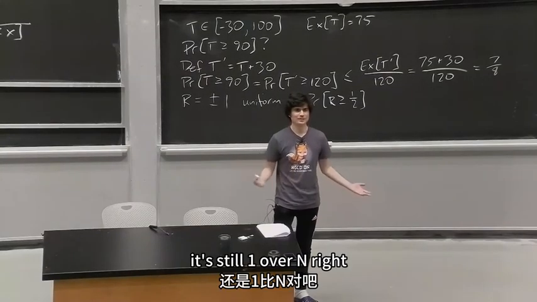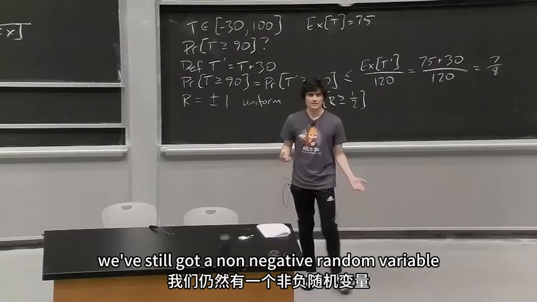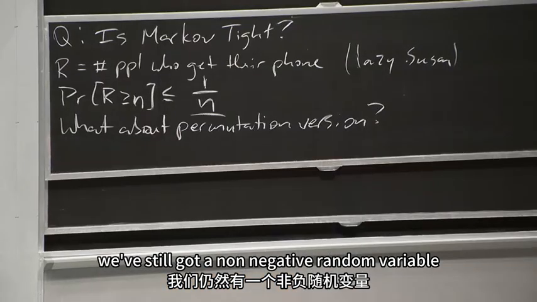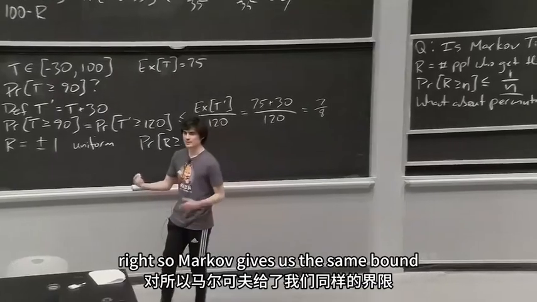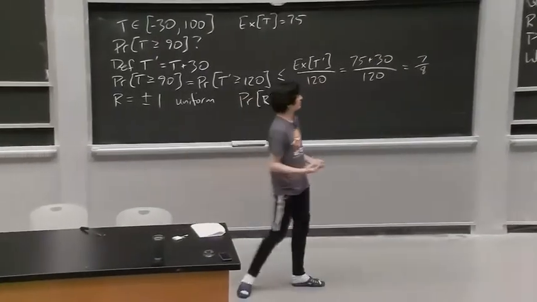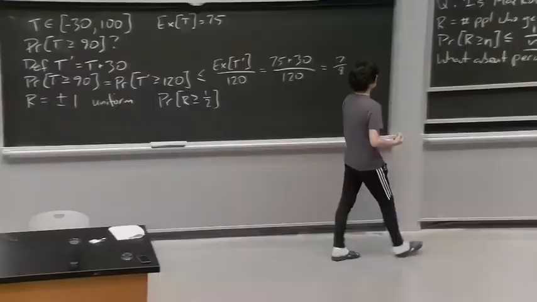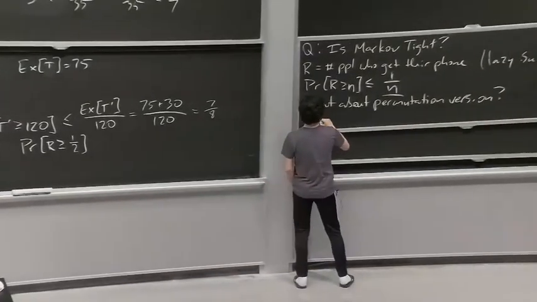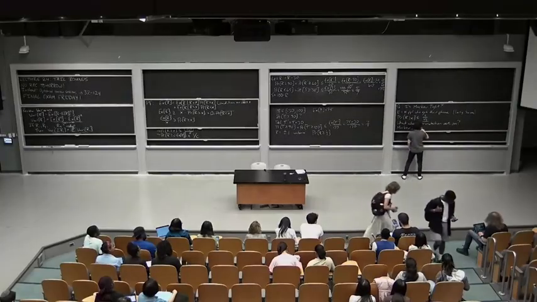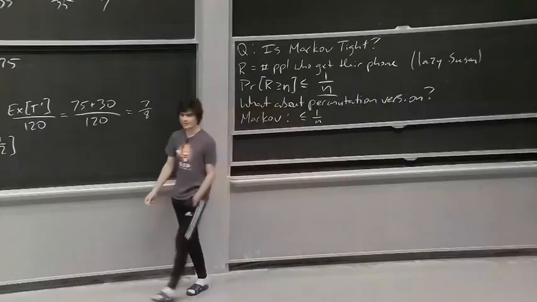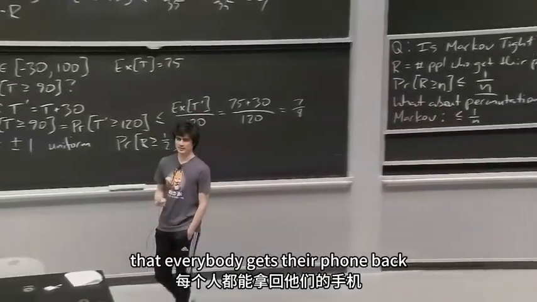Well, it's still 1 over n. We've still got a non-negative random variable with the same mean. We're still looking at the same threshold. So Markov gives us the same bound. What is the actual probability that everybody gets their phone back?